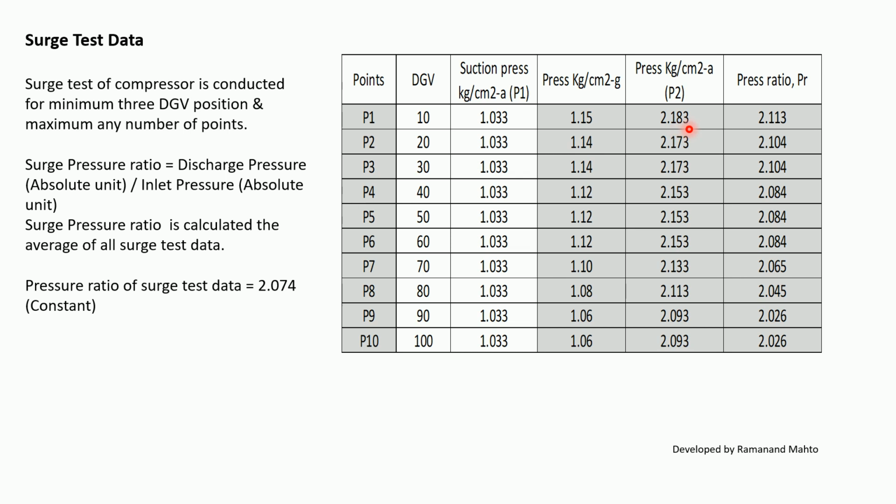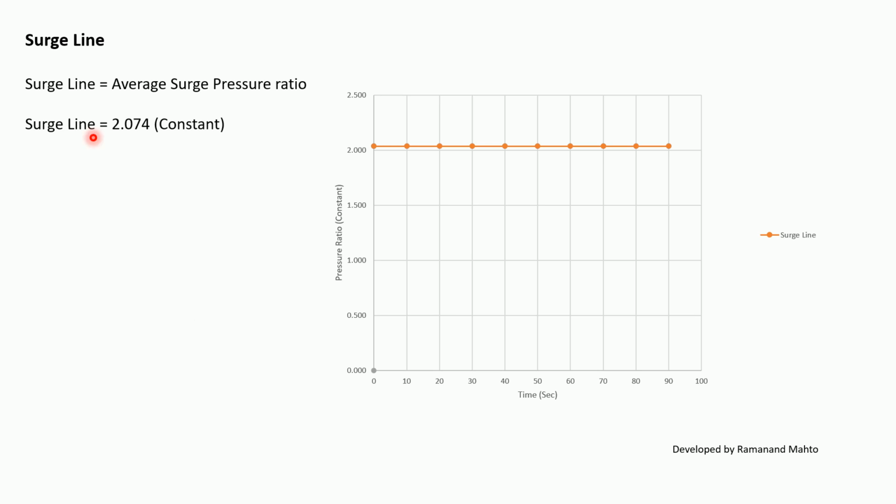After converting, you have to add 1.033. Now it is in kg per cm square absolute, 2.183 to 2.093, and taking the ratio of each point, it is 2.113, 2.103, and then 2.026. Taking the average of all the points, it comes as 2.074.